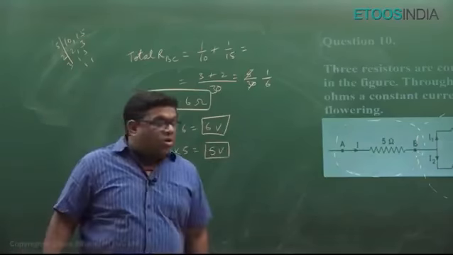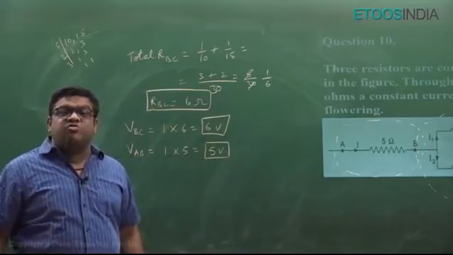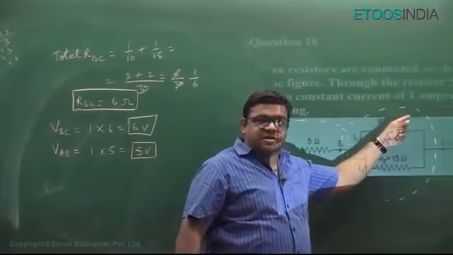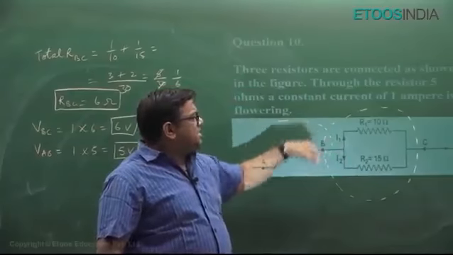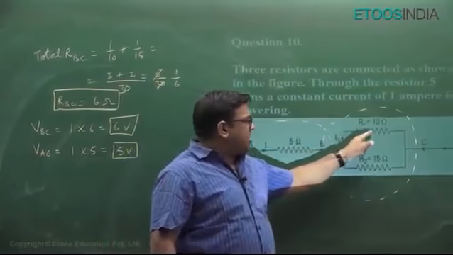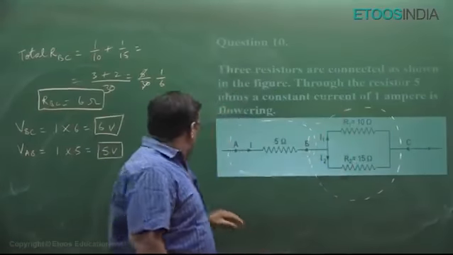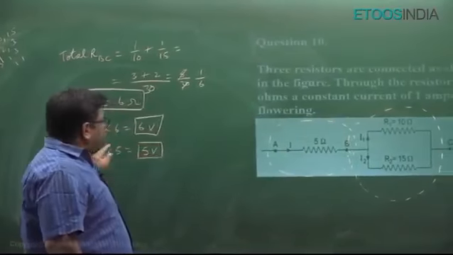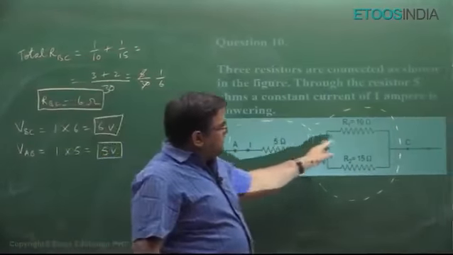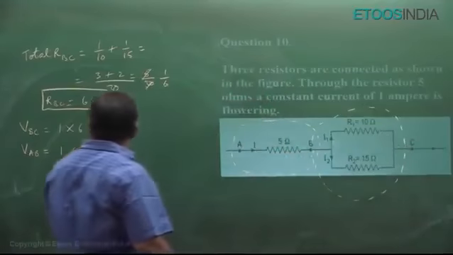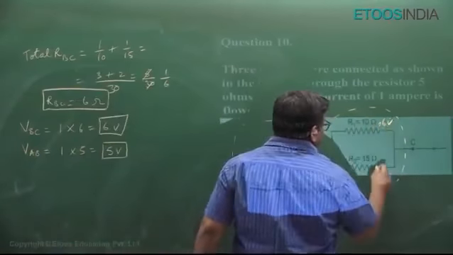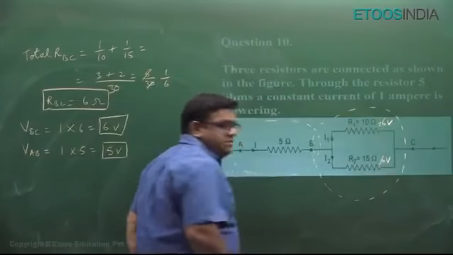Now, what has been asked is the current through each resistor. We know that in parallel combination the potential difference is the same, so across this also it will be 6 volts, and here also it will be 6 volts.